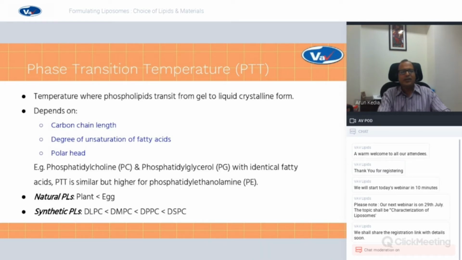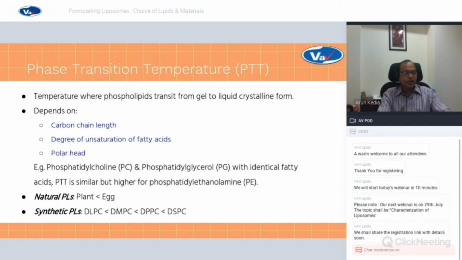So basically, it's increasing the chain length with the same degree of full saturation. It's simply a function of the higher the chain length, the higher the PTT. And you can very cleverly use this feature to engineer your release profile.